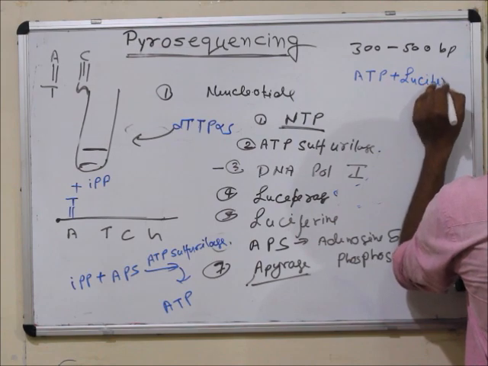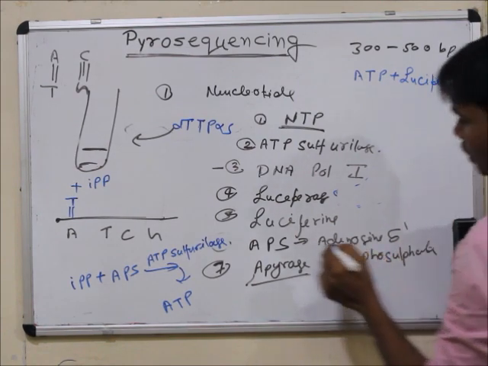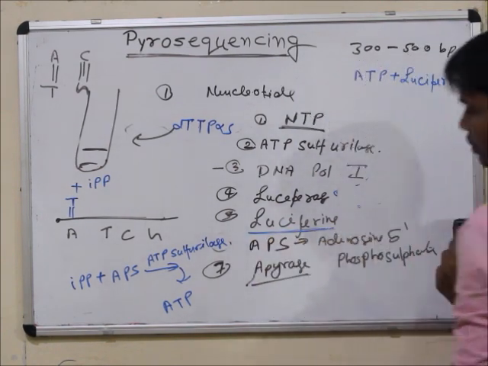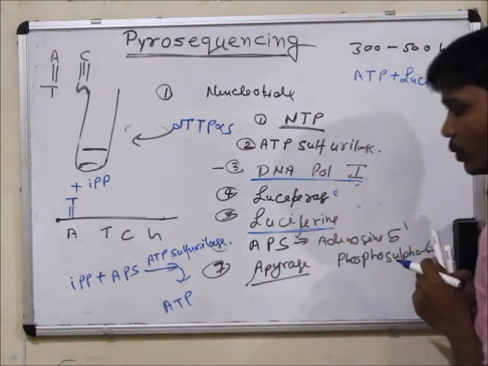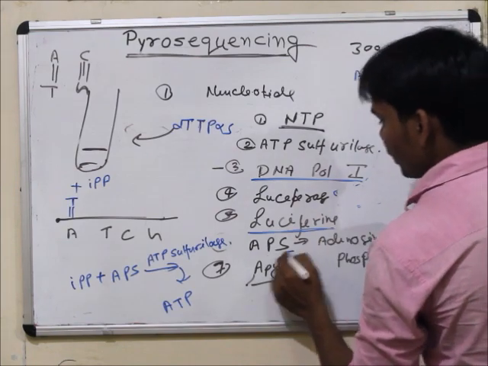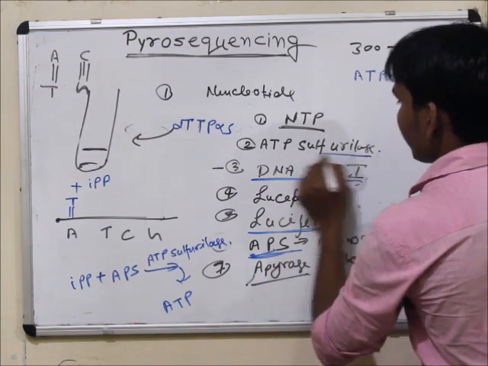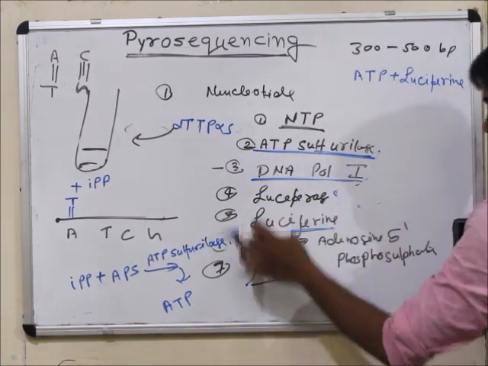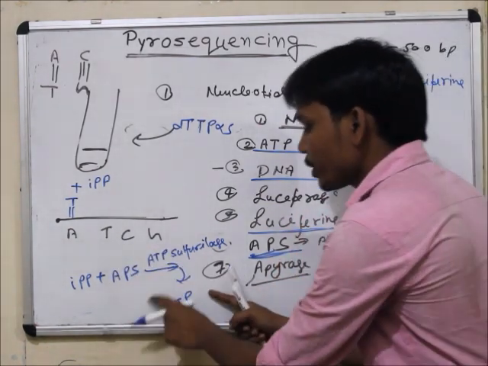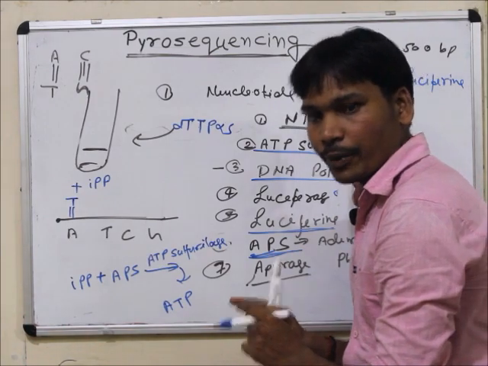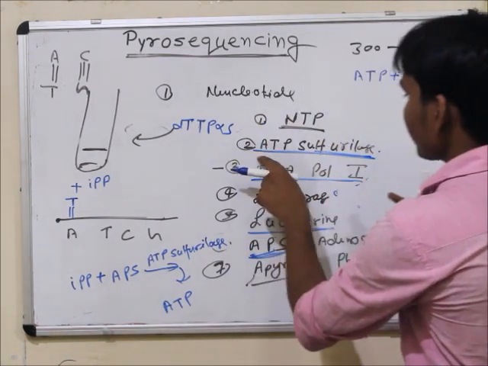ATP plus luciferin. DNA polymerase first adds the nucleotide. And APS, ATP sulfurylase plus inorganic phosphates are involved in the synthesis of ATP.